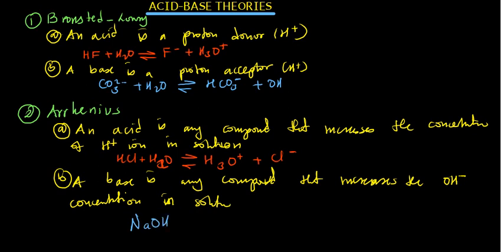Sodium hydroxide dissociates in water, forming sodium ions and hydroxide ions. And these hydroxide ions will increase because the presence of water will make the hydroxide all the more. Water has got hydroxides and hydrogen ions, plus these hydroxide ions which are coming from the sodium, and so it is defined as an Arrhenius base. But a Bronsted base is just a proton acceptor, so that is a difference.